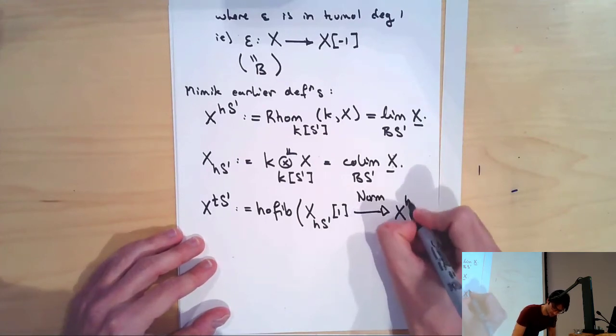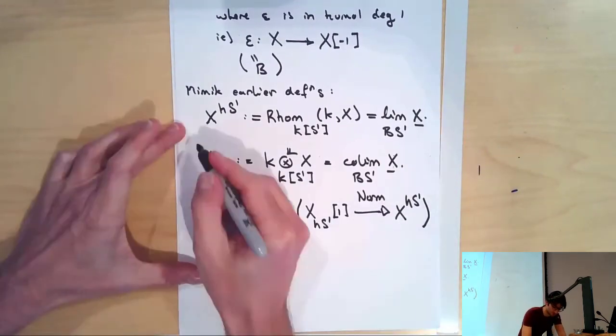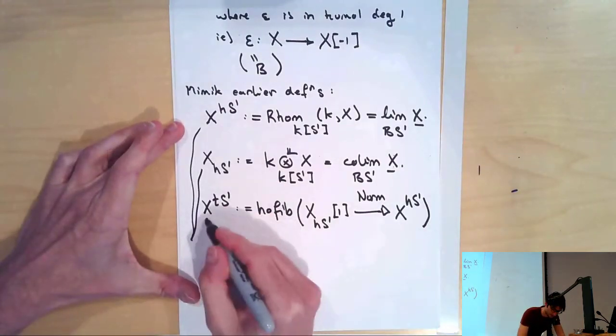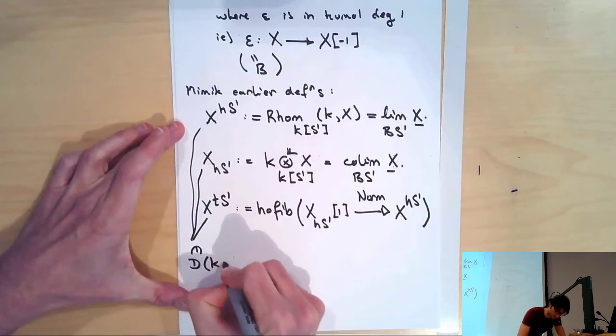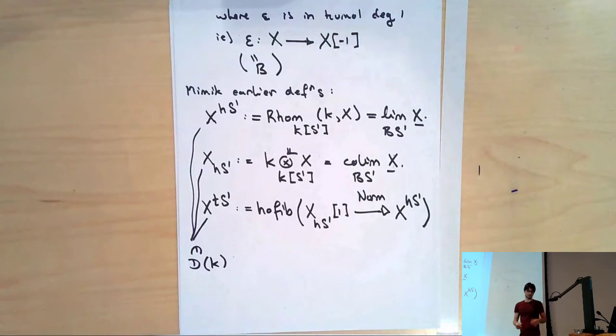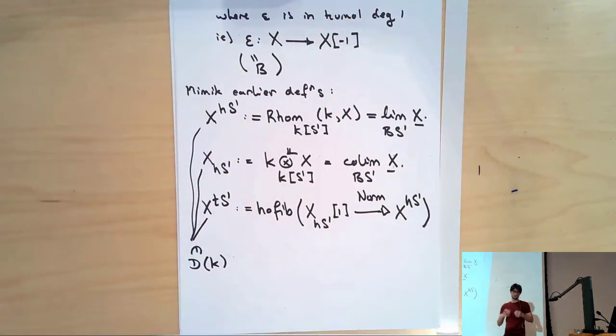I don't want to get into that so much. And so these produce for me, by mimicking these definitions in the case of a finite group, complexes which are called the homology, the cohomology and the Tate cohomology of this circle action.